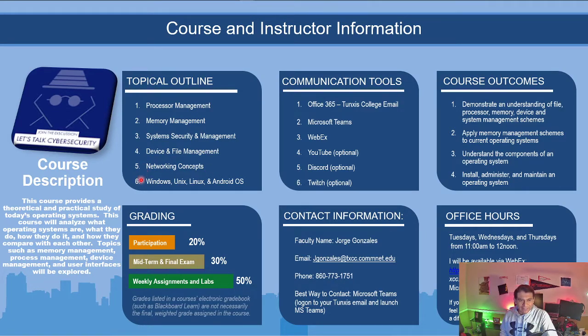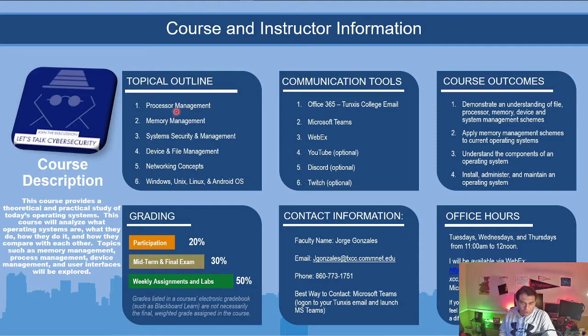And then finally, topic number 6, which is the important one that I want to make sure that you guys understand, is the application of 1 through 5 in the Windows operating system, the Unix operating system, the Linux operating system, and the Android operating system.